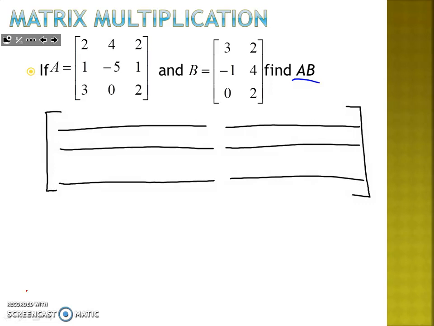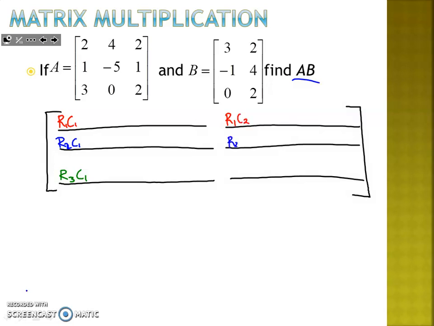So this here, what's the address for this part here? Well, the address will be row 1, column 1. What's the address for this one here? Row 2, column 1. What's the address for this one here? Row 3, column 1.